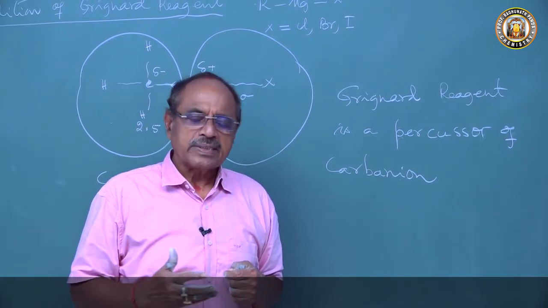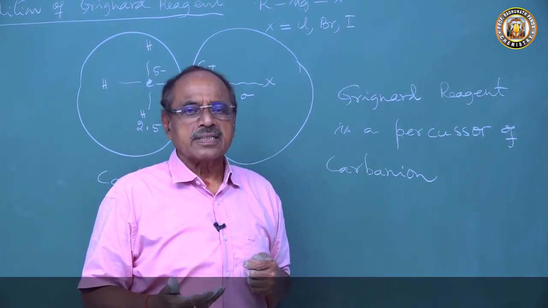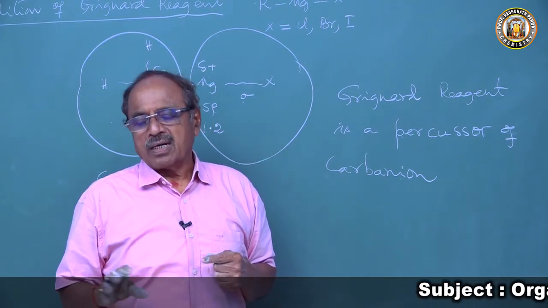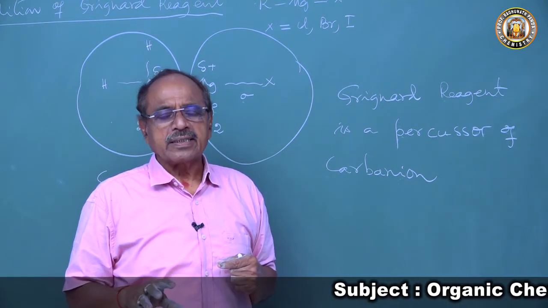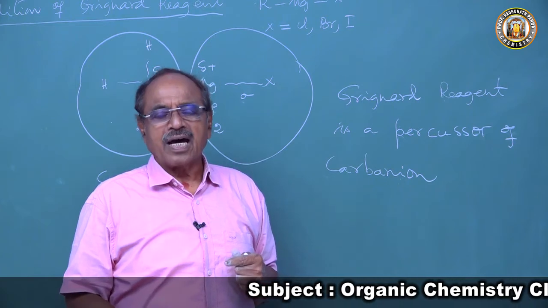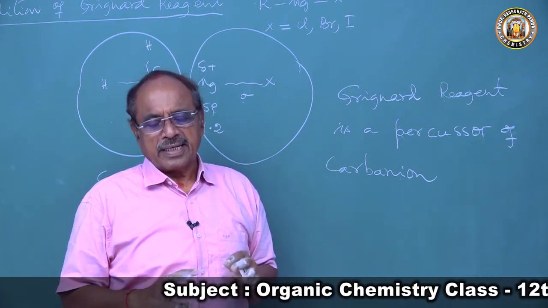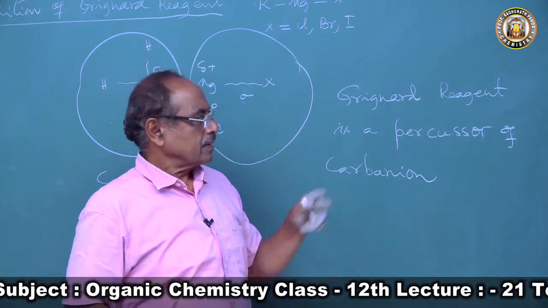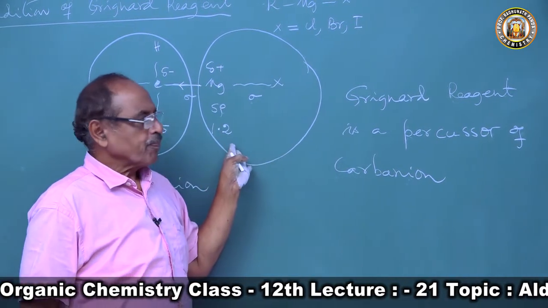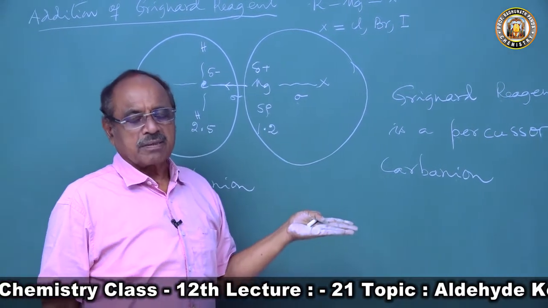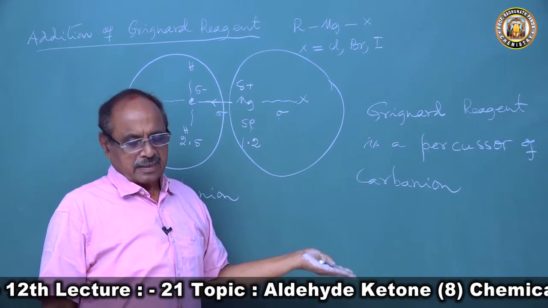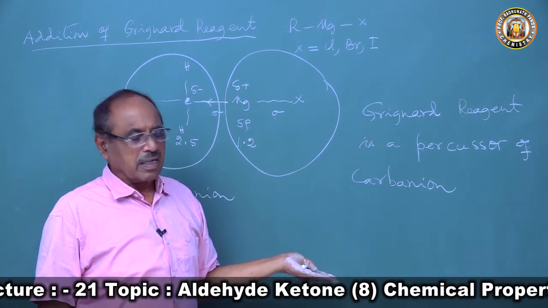Hence, whenever we take a reaction of Grignard reagent, we take dry ether. It should not be hydrated, it should be dry ether. So the reaction always takes place in dry ether and in cold conditions. These are the precautions to be taken. We have a separate chapter on the preparation and properties of Grignard reagent that you studied in 11th class.